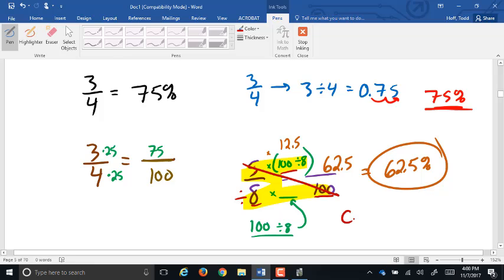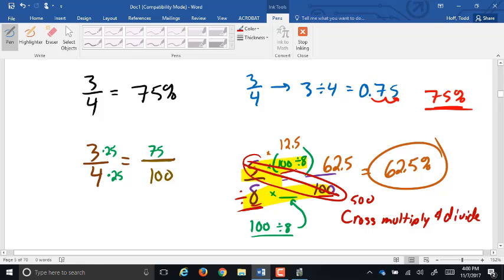They refer to it as cross multiply and divide. We did this with our ratios and proportions before. You take the two numbers that are diagonal to each other, in this case the 5 and the 100, you multiply them, and you divide by the one on the other diagonal with the missing number.